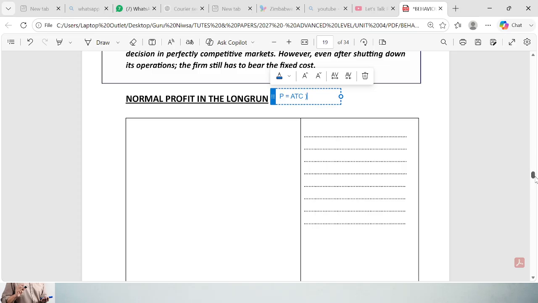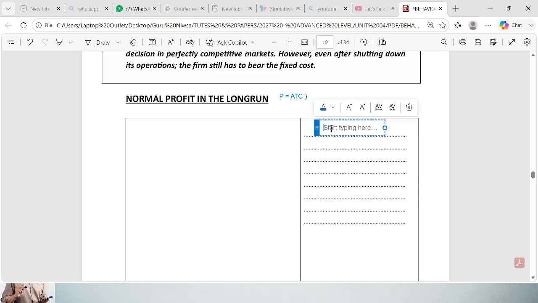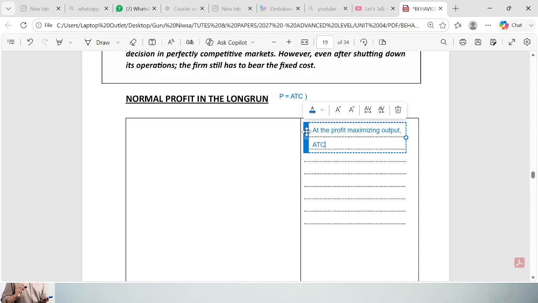Next to the diagram, there's a space, write down. At the profit maximizing output level, what happens? At the profit maximizing output, average total cost equals price of the product.